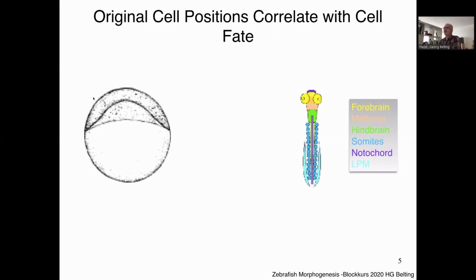So we have an embryo at 30% epiboly. You have here the cells forming this cup over the yolk. And here you have the end result. And I labeled here in different colors different parts of the brain, notably here the forebrain, midbrain. So this is the central nervous system.